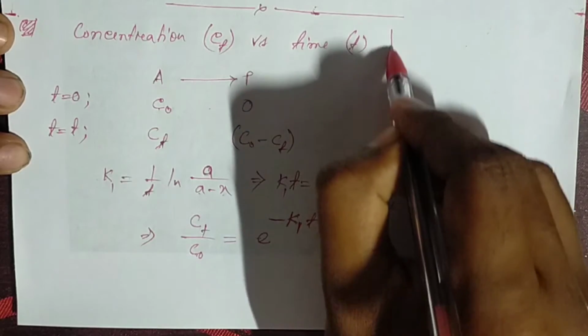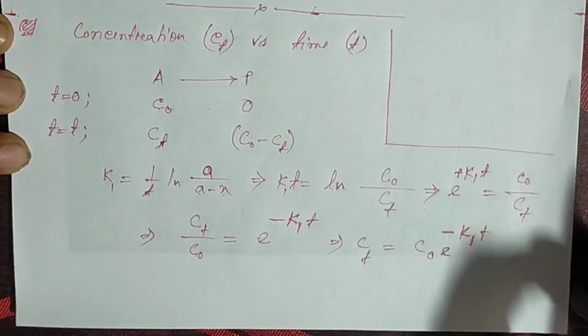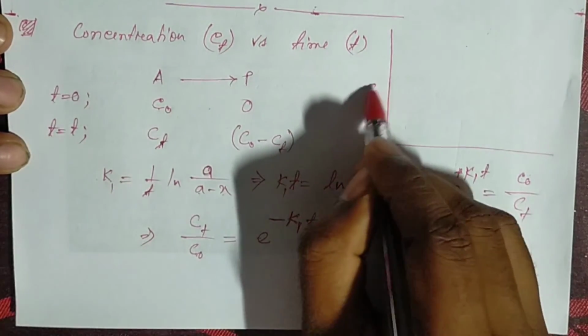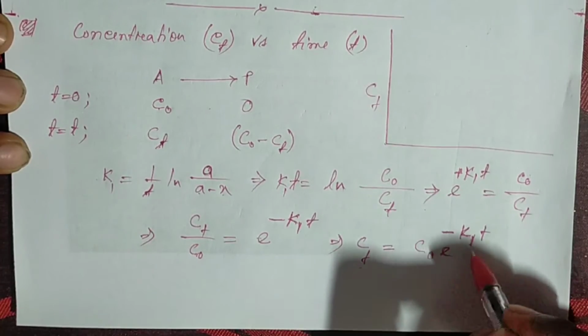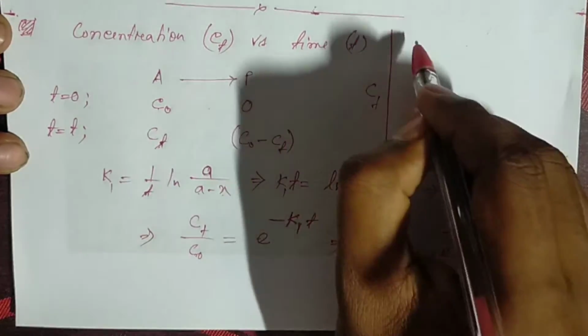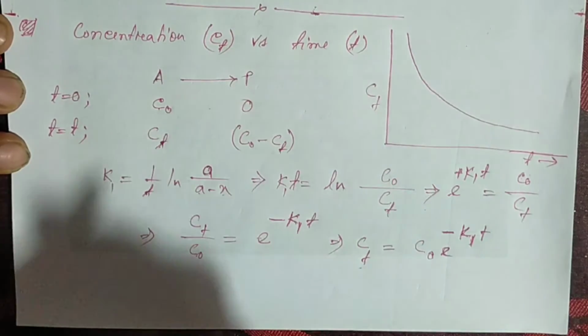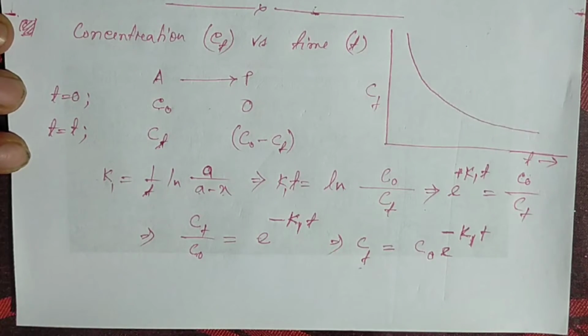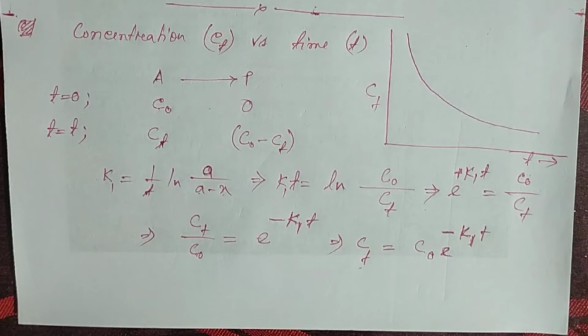Okay, so the graph will be like this. Here it will be Ct, and here it will be time t, so it will be like this. So the graph will exponentially decrease.